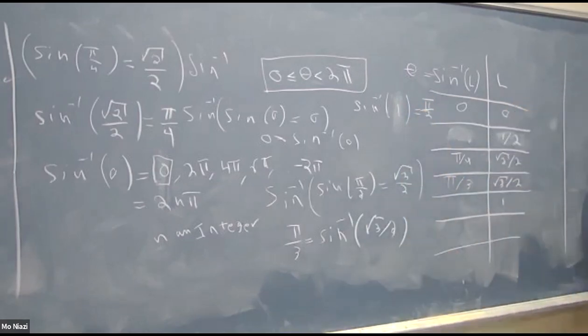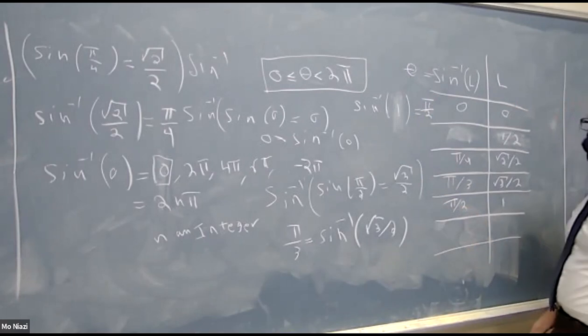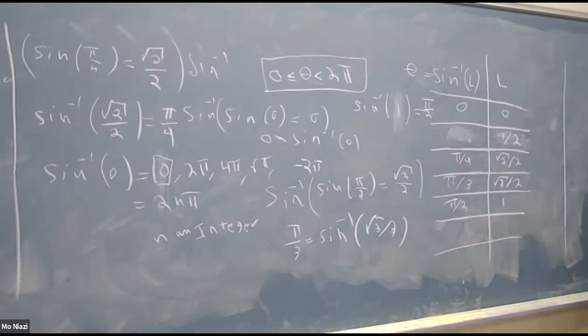I had a slip up. With the sine inverse, can you input the angle in there? No, that's not what it eats. Sine inverse eats lengths and spits out angles, but sine eats angles and spits out lengths. They just reverse each other.